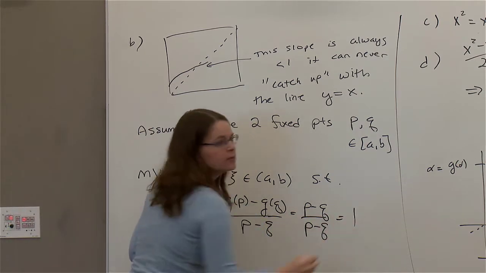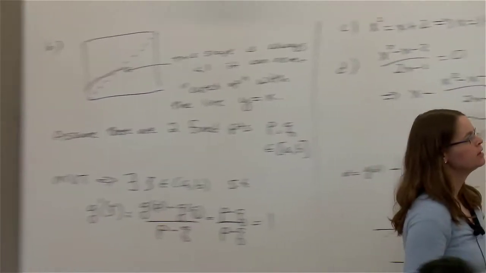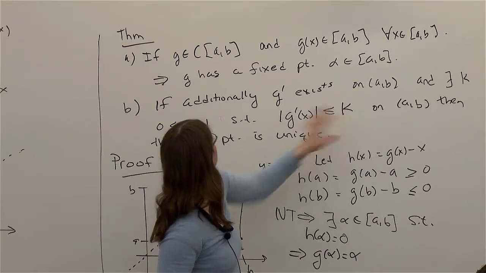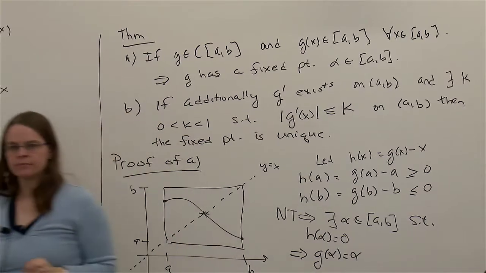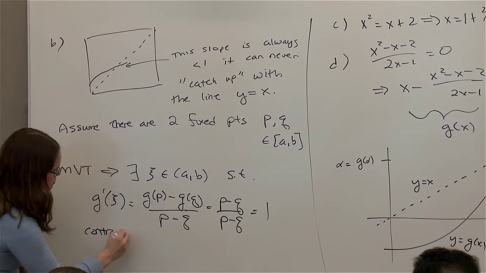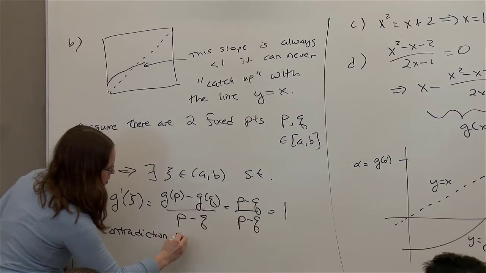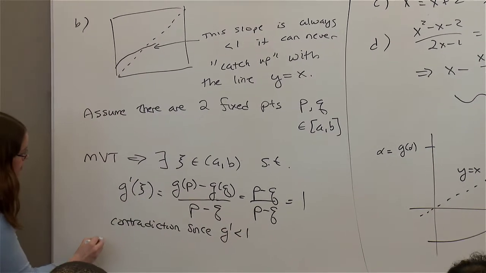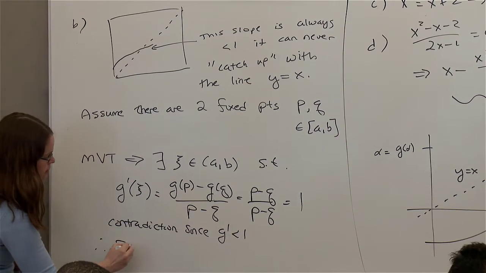And that's a problem because we assumed G prime can never be 1. It's always bounded, it's always less than something that's less than 1. So it's a contradiction. Since we know that G prime is less than 1, we say, great, the fixed point is unique.